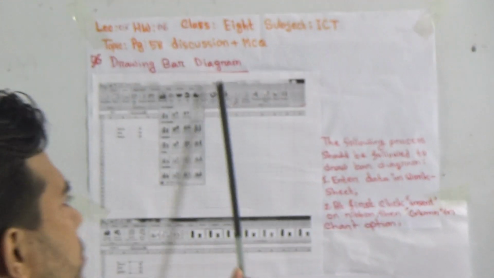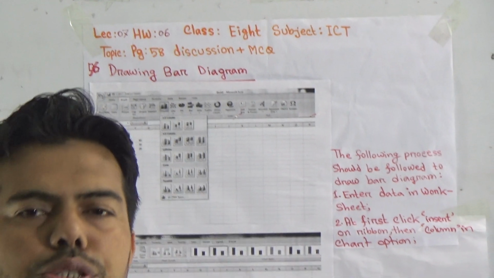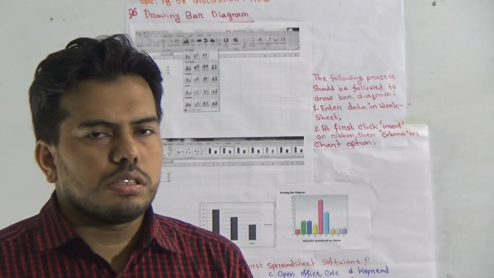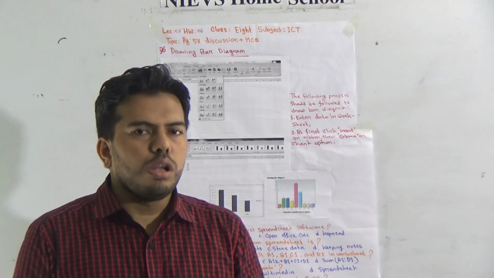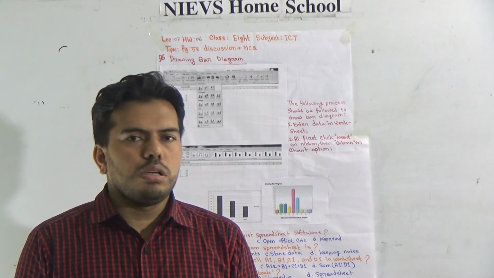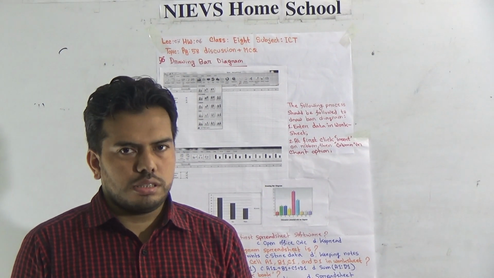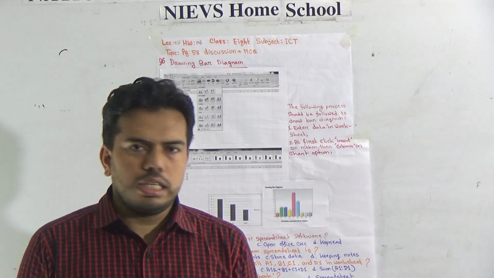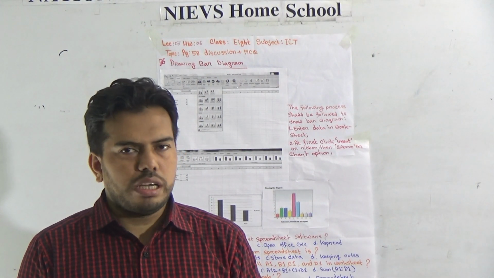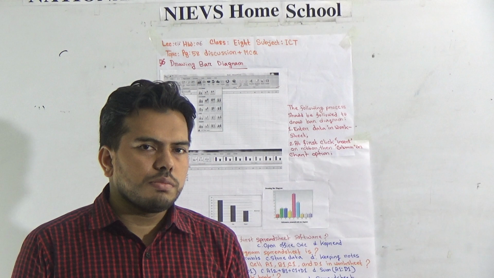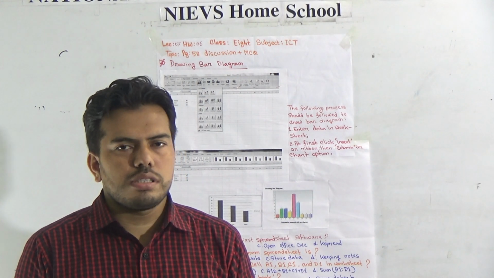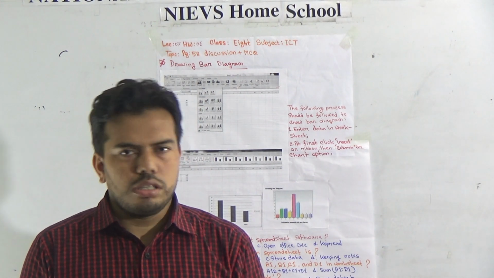Drawing bar diagram. At the very first, you need to open your running computer, all programs. After getting all programs, then click on it. Whenever you click it, a page will appear. Then select Microsoft Office Excel 2007 and click on it.